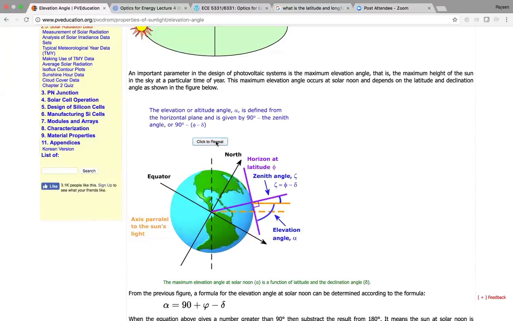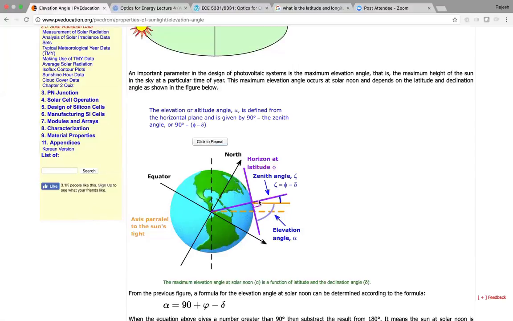Another angle to keep in mind is the elevation angle, which is exactly what we saw before. Again, these are the sun rays coming in, and this is the angle with respect to the horizontal plane that's tangential to the location on the Earth. So that's the same elevation angle. Elevation angle plus the zenith angle is 90 degrees, right?